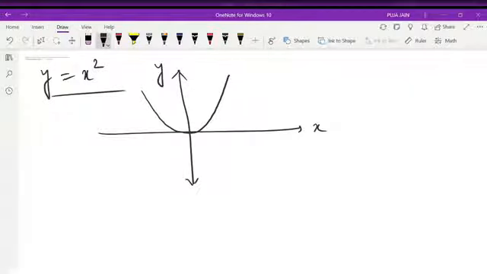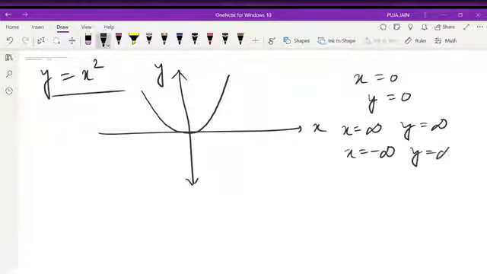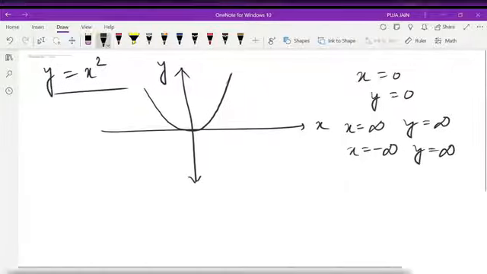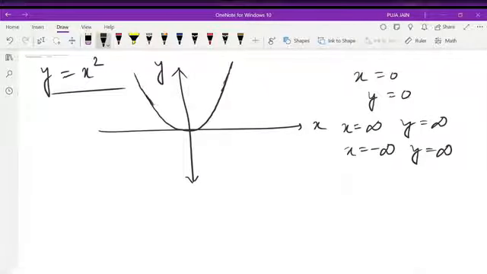At x equals 0, y equals 0. At x equals infinity, y is also infinity, right? But at x equals minus infinity, y is what? Infinity. So we get a graph which is pointing towards infinity, not towards minus infinity. Okay, so this is our parabola equation.